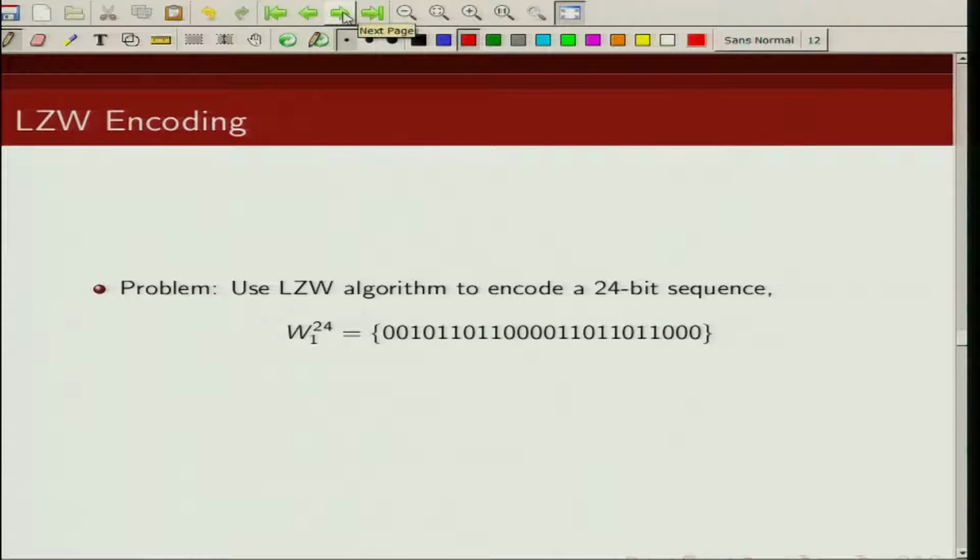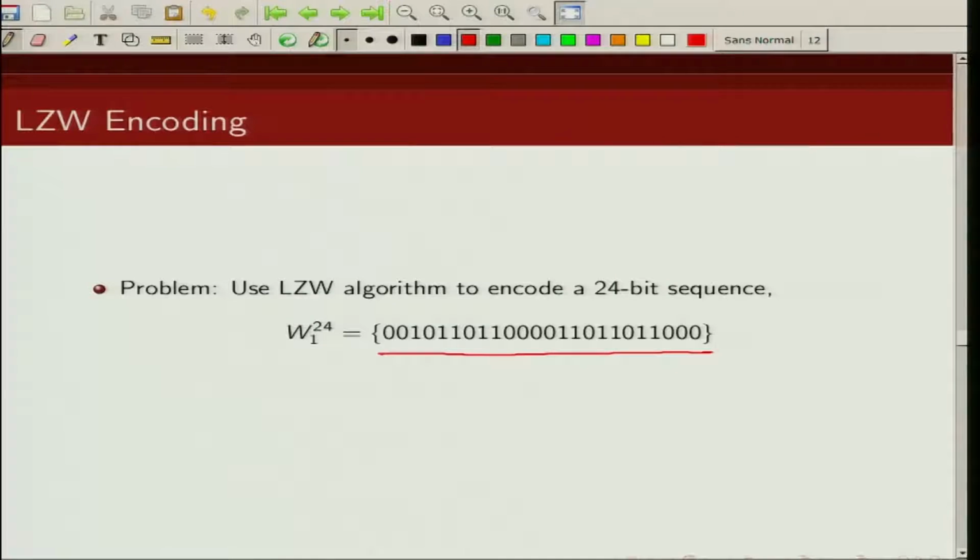Let us take an example to illustrate how Lempel-Ziv Welch algorithm encoding will work. This is a 24-bit binary sequence that we want to encode using Lempel-Ziv Welch algorithm. Now remember, this is a universal source compression algorithm, so this algorithm does not need prior information about the distribution of zeros and ones.